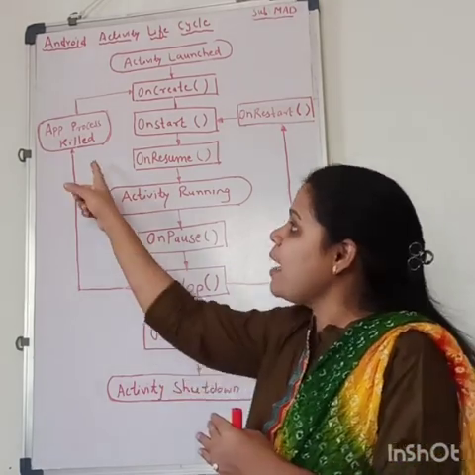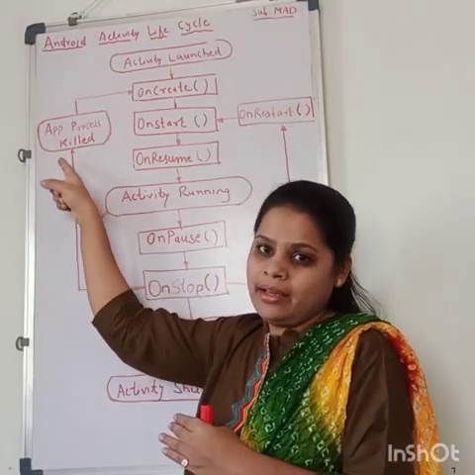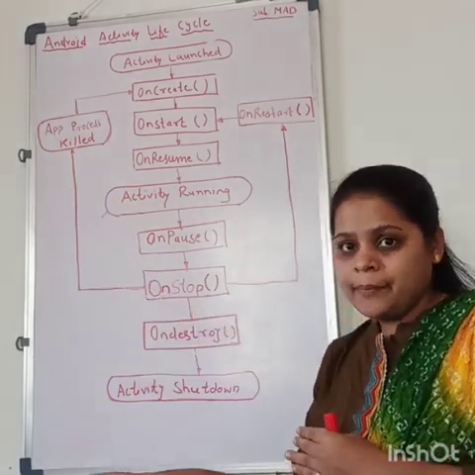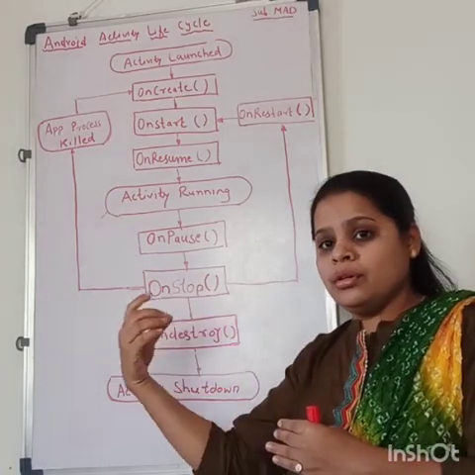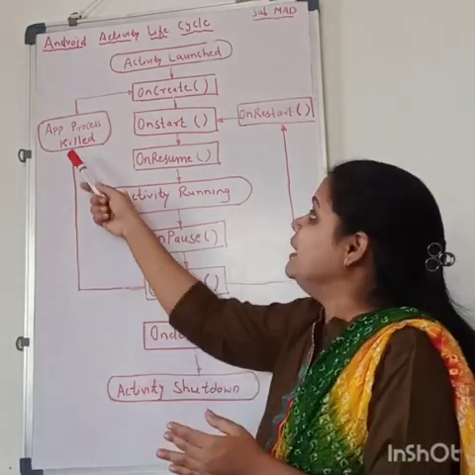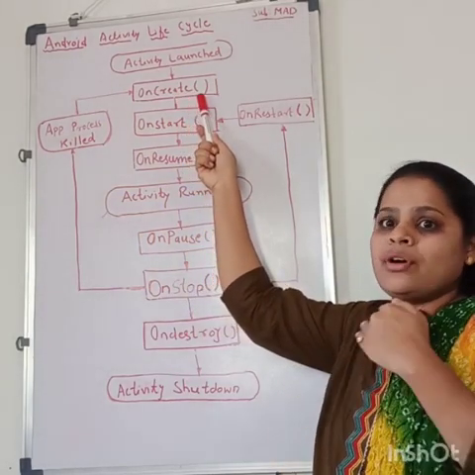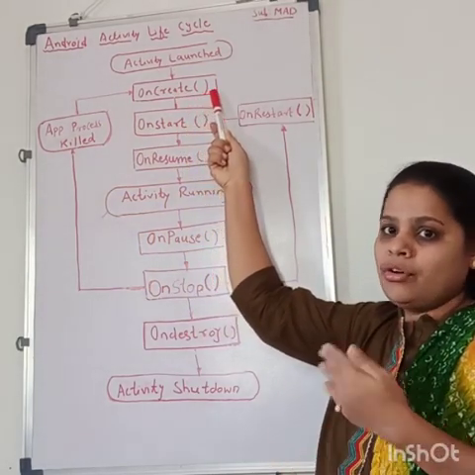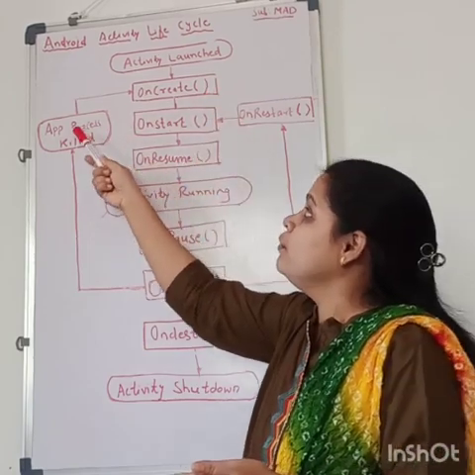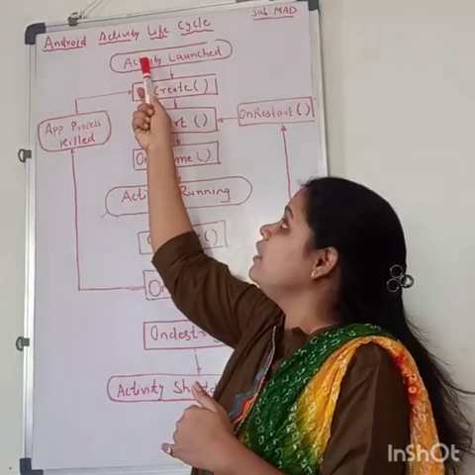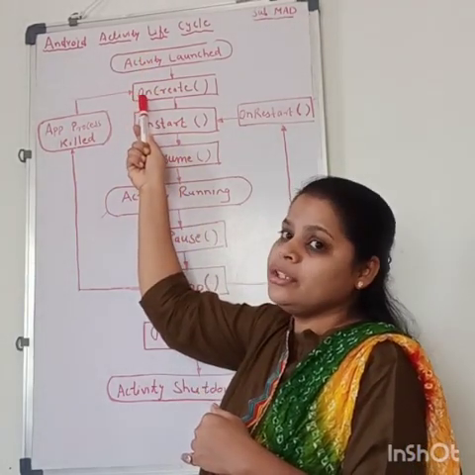So the app is forcefully killed by your phone's operating system. When you want to relaunch it again, it will start with onCreate, because your app is out of RAM, it is not in a running stage. So when that particular app is relaunched, the activity is launched and it starts with onCreate.